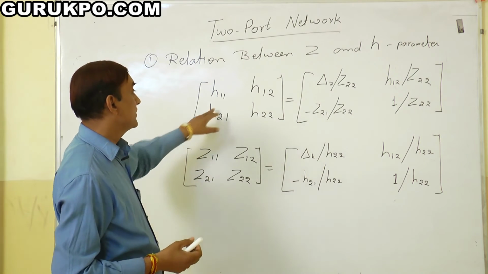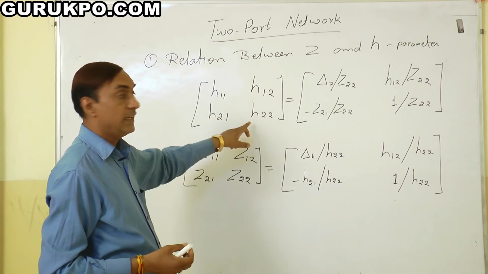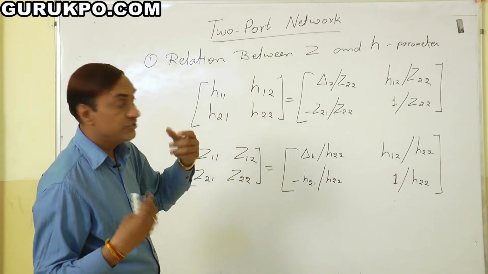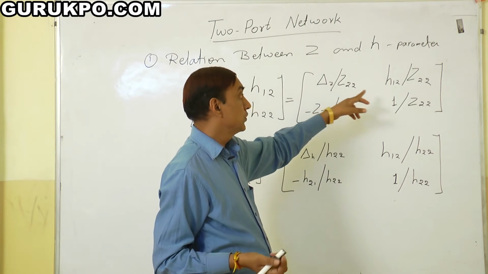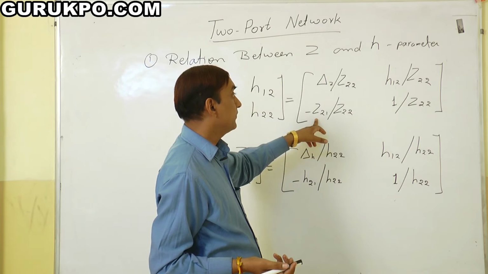So here Z, H11, H12, H21, H22. These H parameters are obtained in terms of Z. So these are del Z, Z22, H12 and H21.